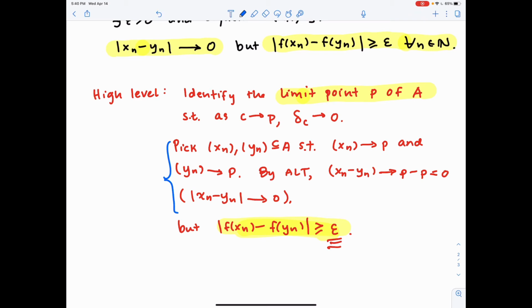So choose xn and yn such that they evaluate nicely in f.